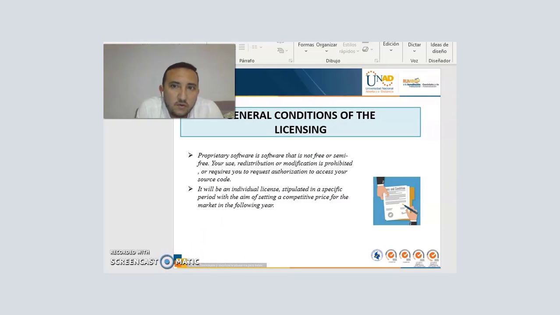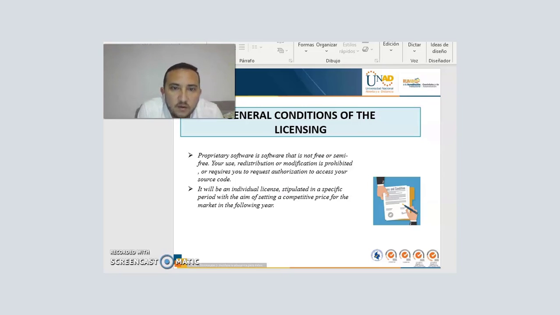General condition of the licensing. Proprietary software is software that is not free or semi-free for your use. Restriction on modification: it is prohibited or requires you to request authorization to access the source code.